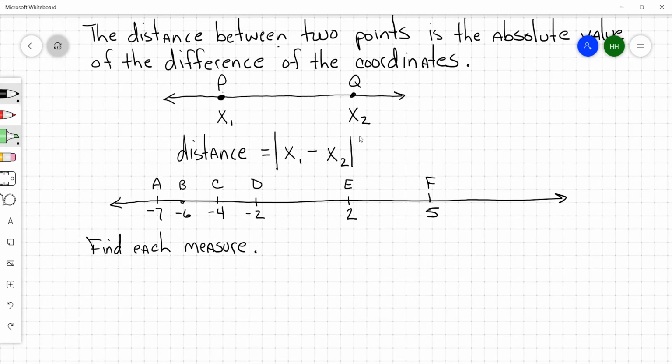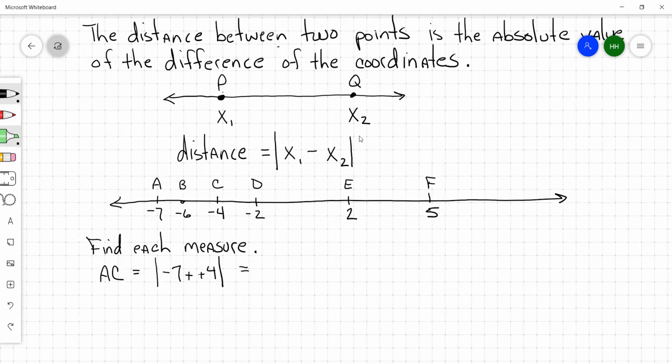First thing we're going to find is, boy, that's a tough one, AC. The distance from A to C is the absolute value of -7 minus -4. All right, -7 is your x sub 1, -4 is your x sub 2. They teach you all to keep, change. Up and down for yes, left to right for no. Good.